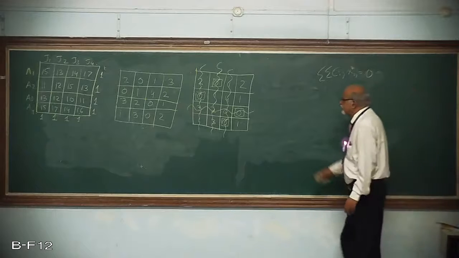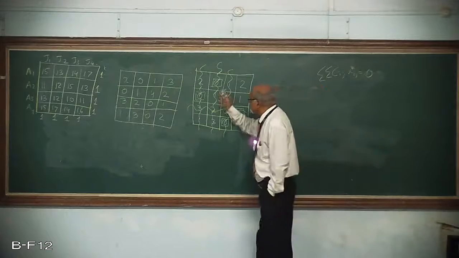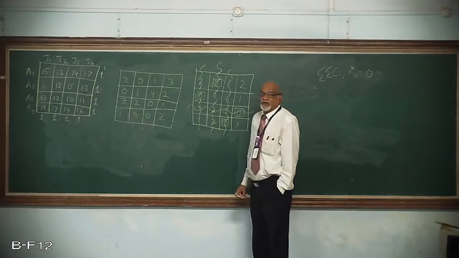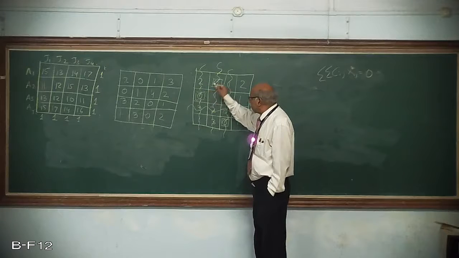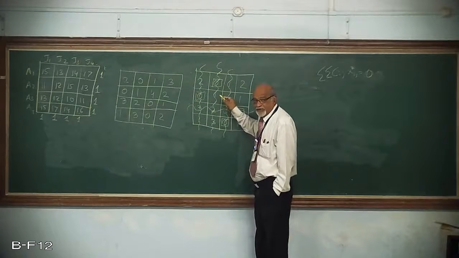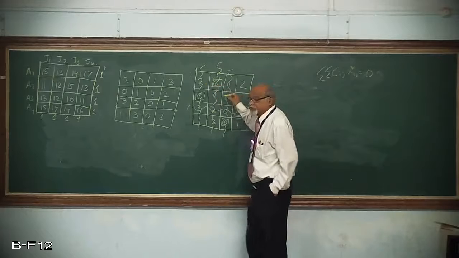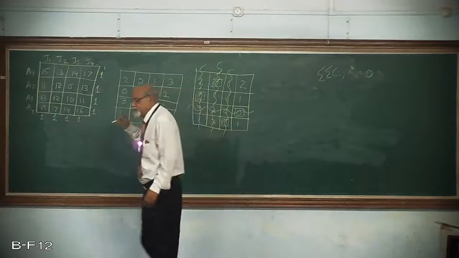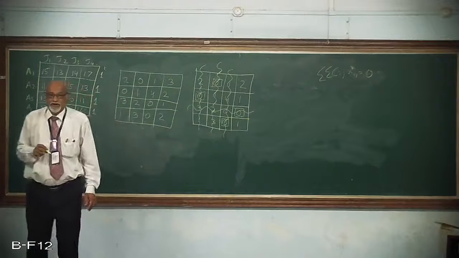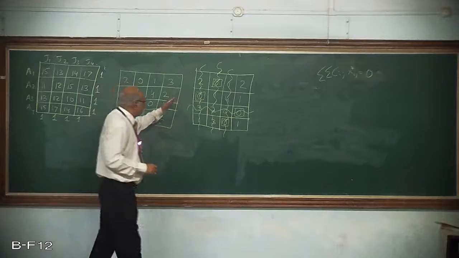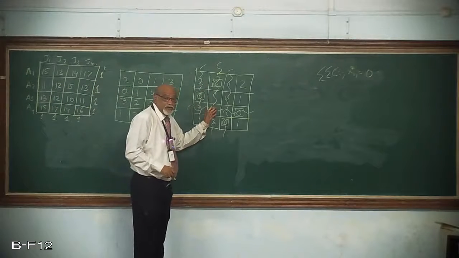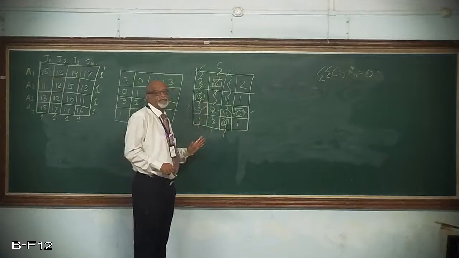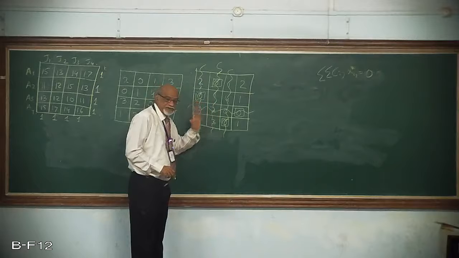Now try to observe. Now you can see that each row and column has got only one zero. If you follow this procedure, whatever I have done, not only are you able to mark the zero values, you are also able to cover all the zeros with the minimum number of lines, which is most important.